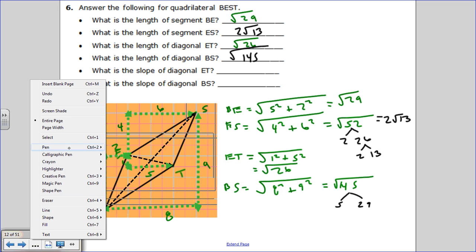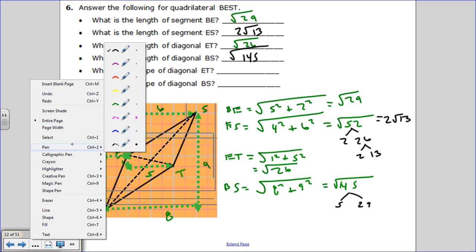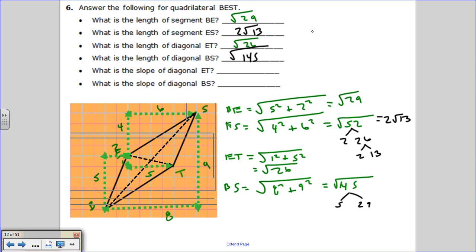It now wants the slope of the diagonals. There's a formula for slope, which is y2 minus y1 over x2 minus x1. Slope is also equal to rise over run.